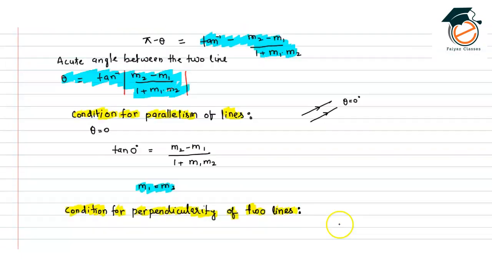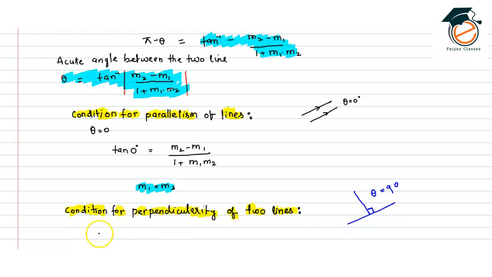Next topic is the condition for perpendicularity of two lines. Suppose this is the first line and this is the second line, and these two lines are perpendicular to each other. Then theta between these two lines is equal to 90 degrees.